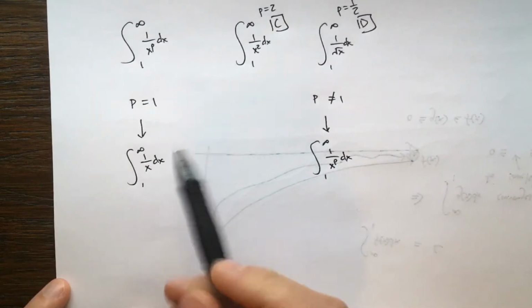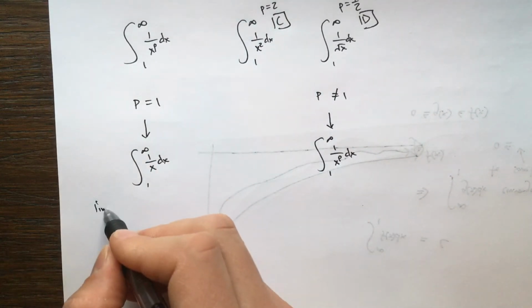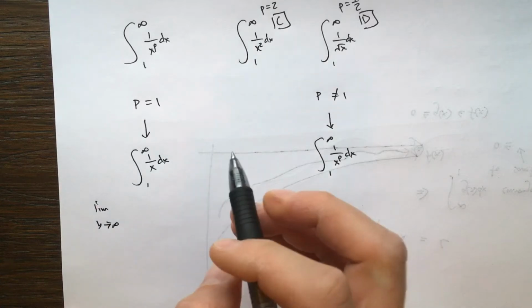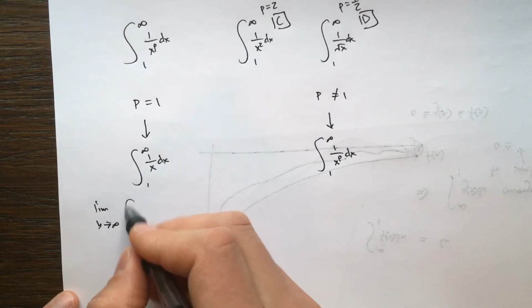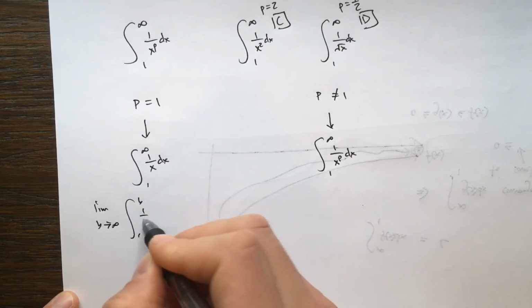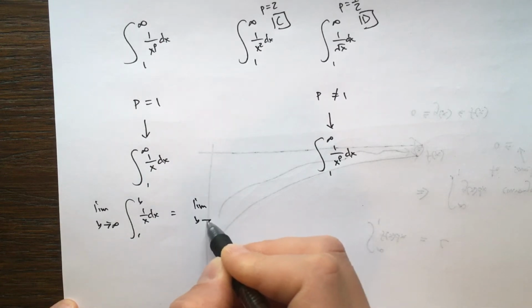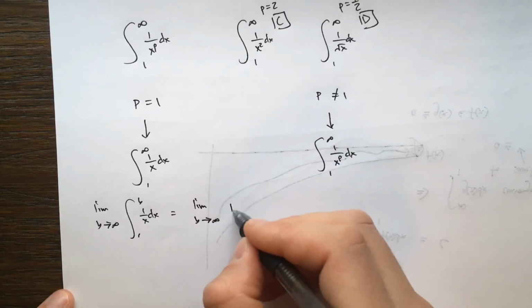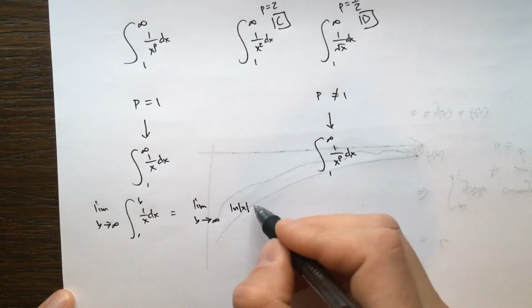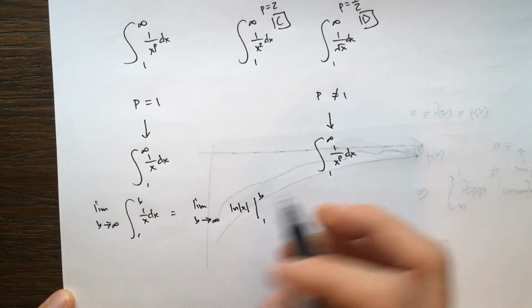So for the natural log case, let's set up our limit and say the limit as b approaches infinity of the integral from 1 to b of 1 over x dx should equal the limit as b approaches infinity of ln of absolute x evaluated between 1 and b.